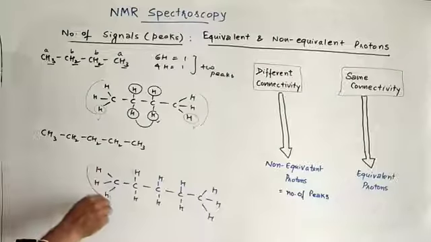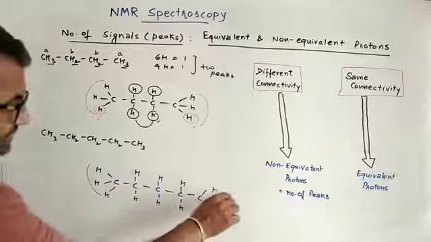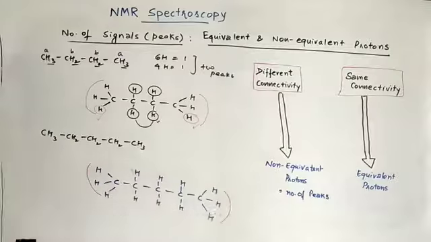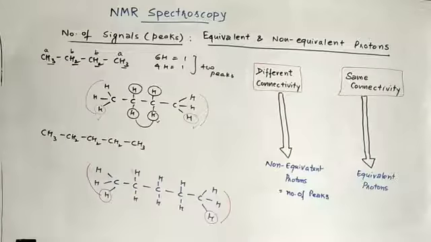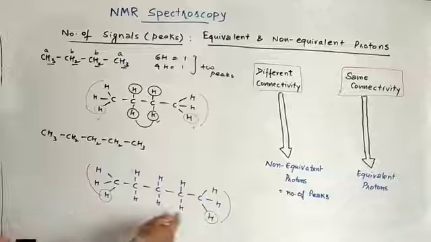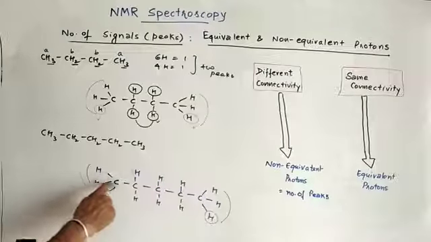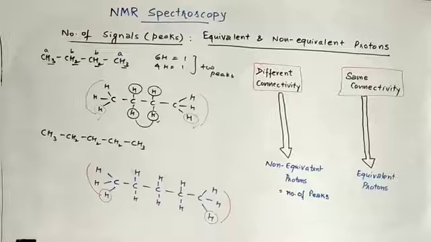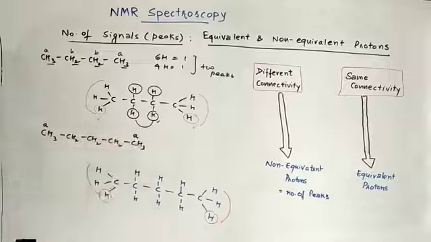These 3 protons are equivalent. Compare with one another. These 3 protons are also equivalent. And now if we compare this proton with this proton, they are also equivalent. You can see here it is connected to C with 2H and this group, butyl. Here this hydrogen is also attached to C with 2 hydrogen and this group, equivalent. It means you can put here A and A. 6 hydrogen give 1 peak.